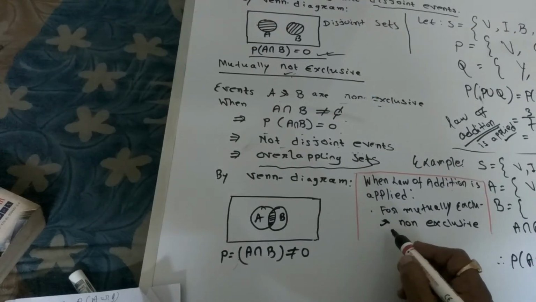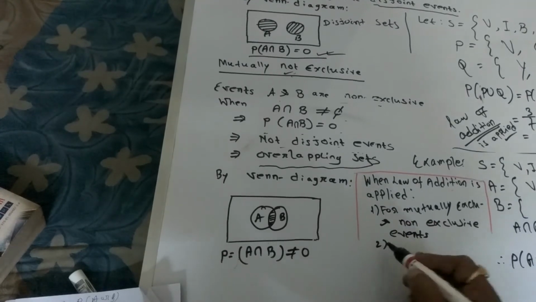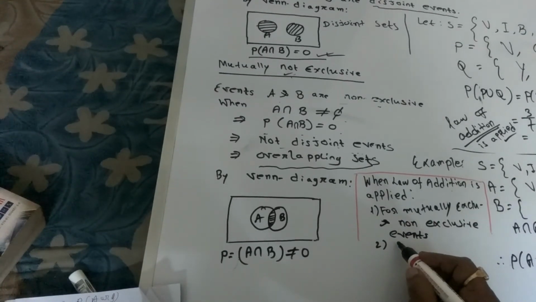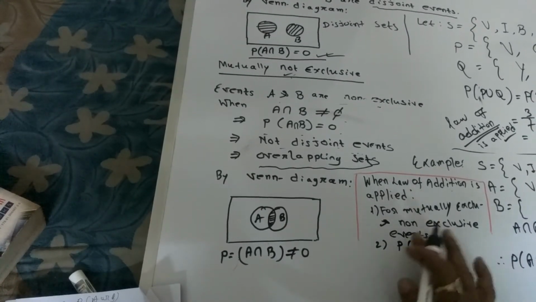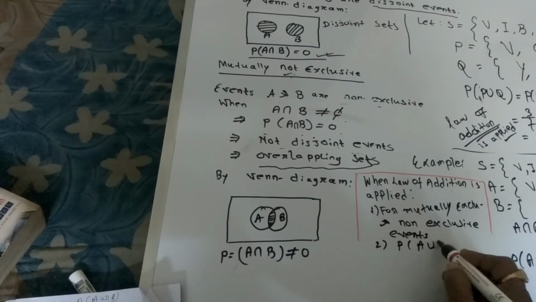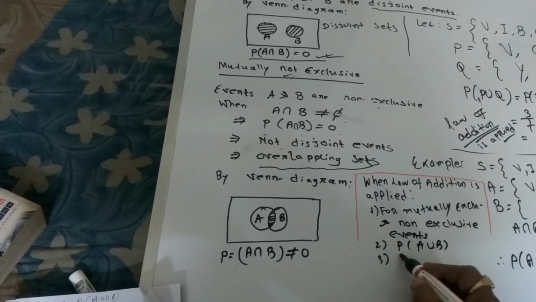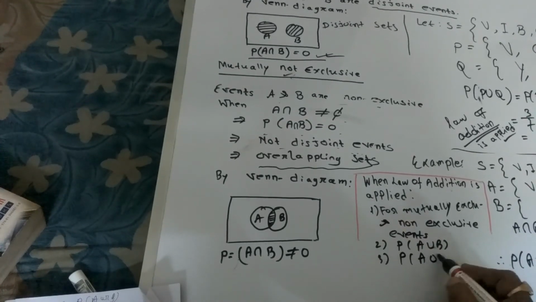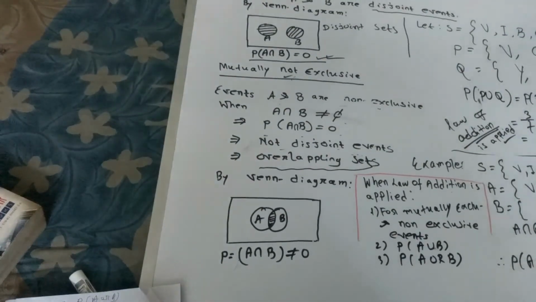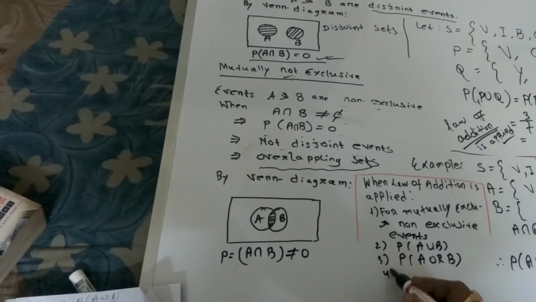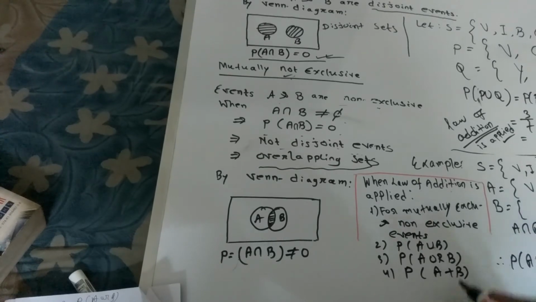One more important case: when P of A union B is asked, you can use this. And one more: when there is a question with A or B, do not take intersections, always plus.